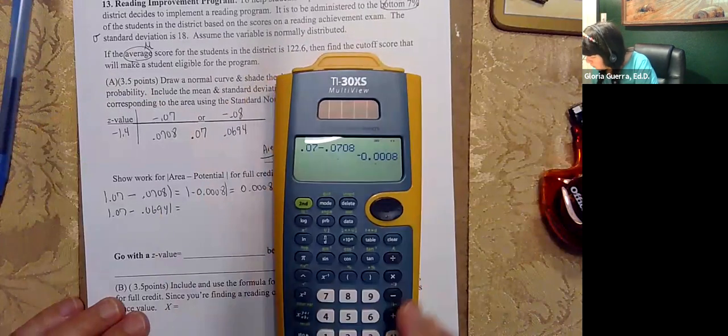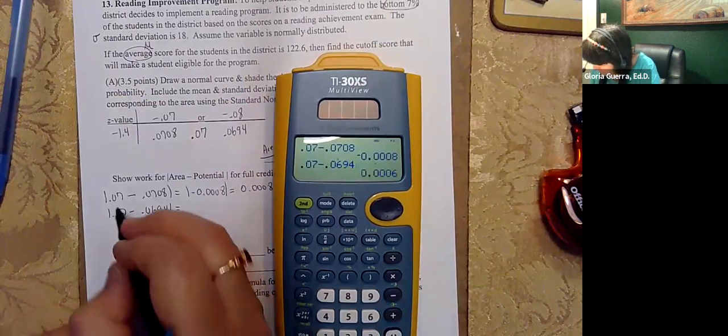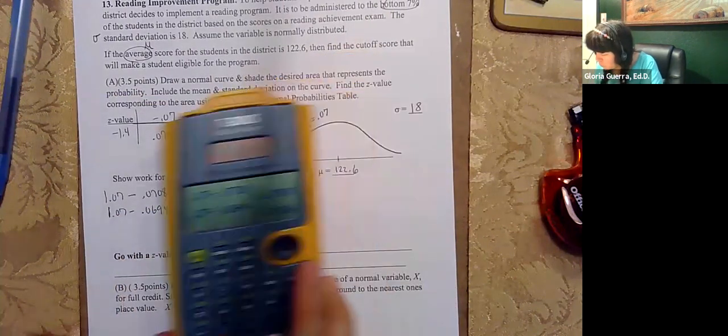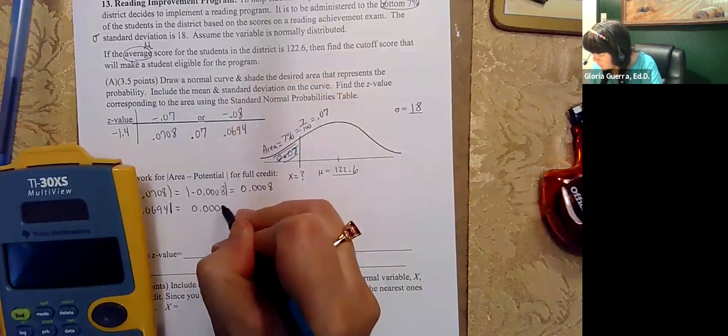And then 0.07 take away 0.0694 is 0.0006.